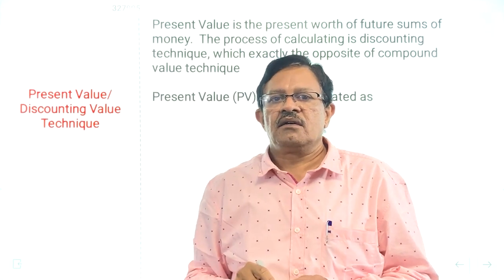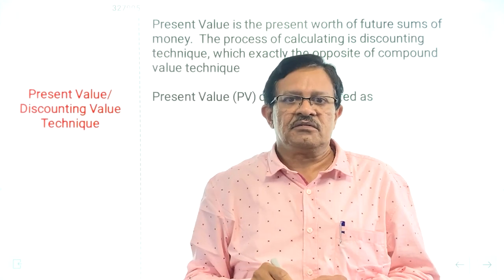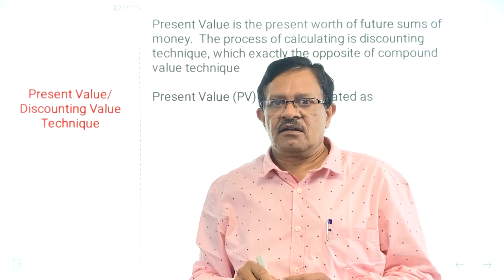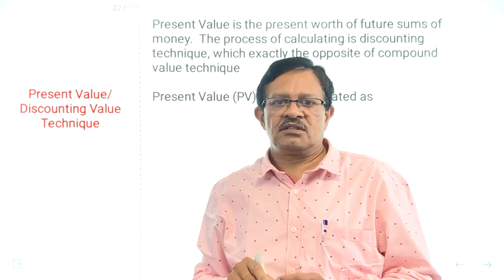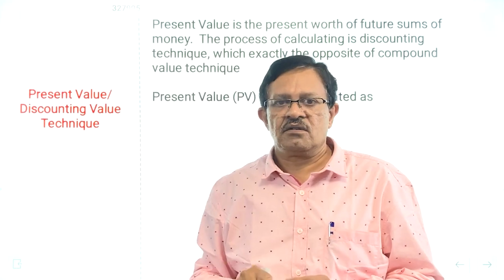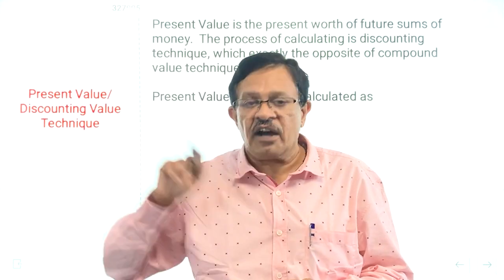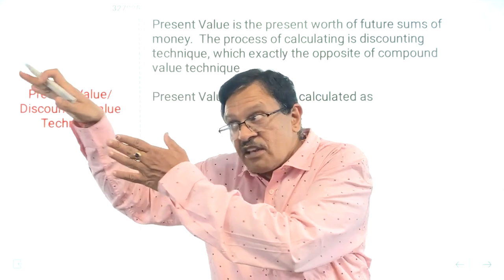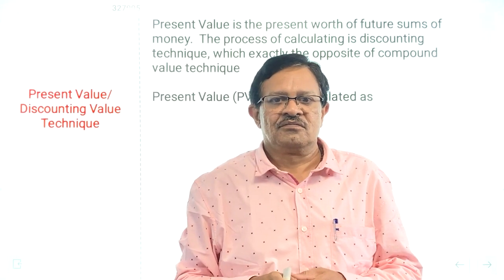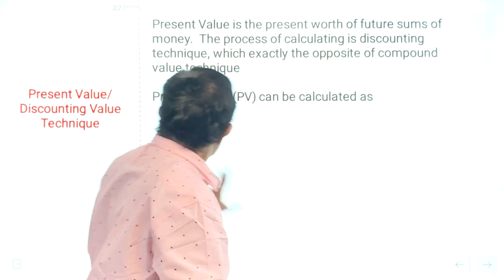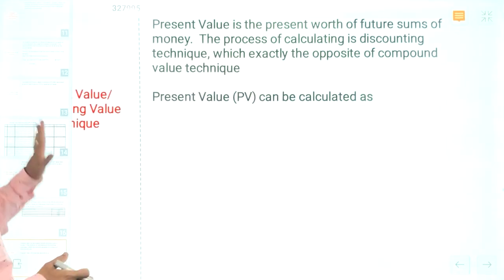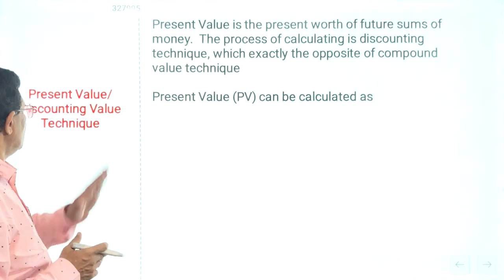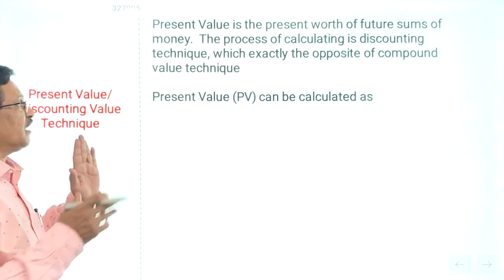The concept, or the technique, or the process with which we will be in a position to find out the present value given the future value is known as the present value technique or the discounting value technique.